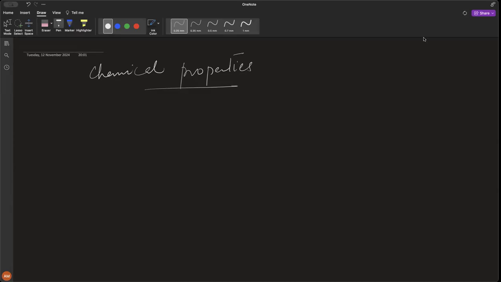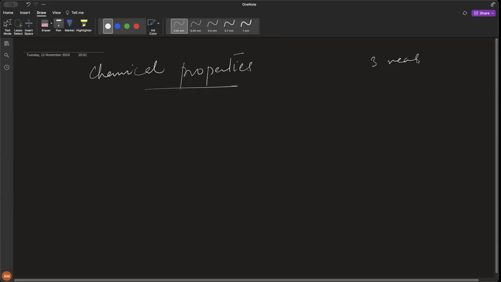Actually, we are going to be doing three reactions. Number one, acid plus metal reaction. Number two, acid plus base. In general there are two such reactions in that. And the third one is going to be acid plus carbonates.